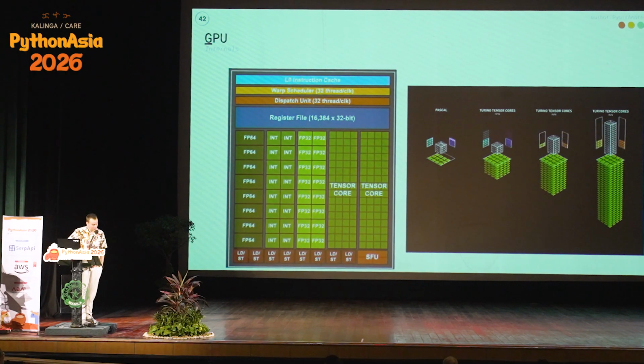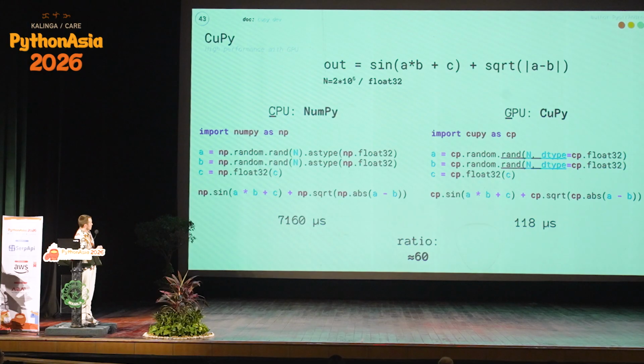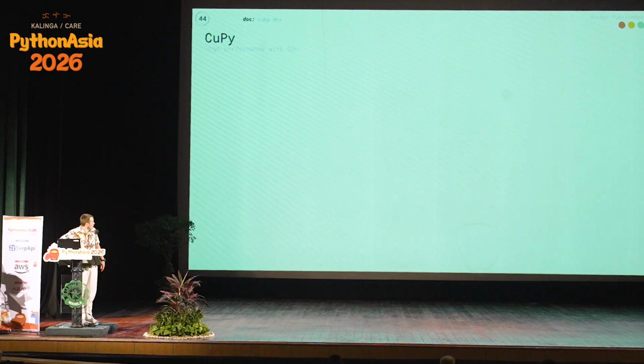If we compare libraries executing the same high-level code, easy mathematics on CPU and on GPU, via NumPy and via CuPy, which has very similar syntax, it depends on your GPU and CPU power, but in Google Colab you can execute this code 60 times faster on GPU.